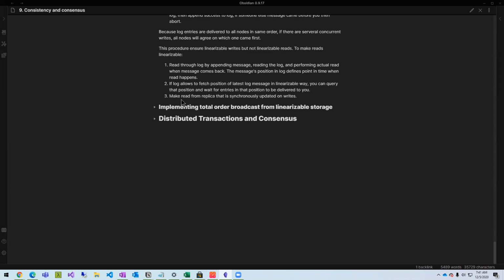Let's take the example of pessimistic locking. We said that isolation could be achieved by pessimistic locking, but think of this scenario. We had to update two different rows.